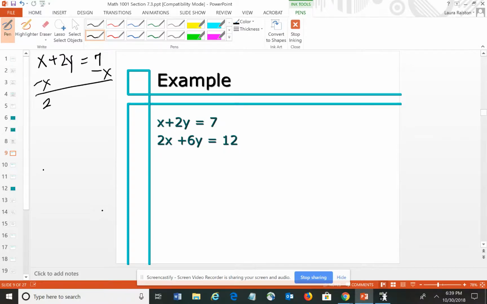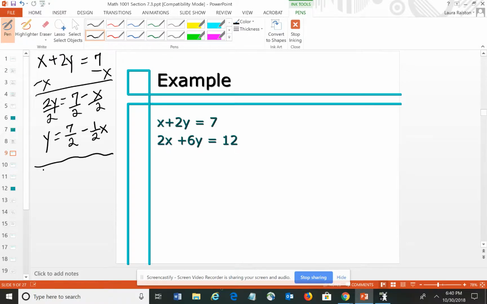So I have 2y equals 7 minus x. Then I divide by 2 all the way across. So I have y equals 7 halves minus 1/2 x.